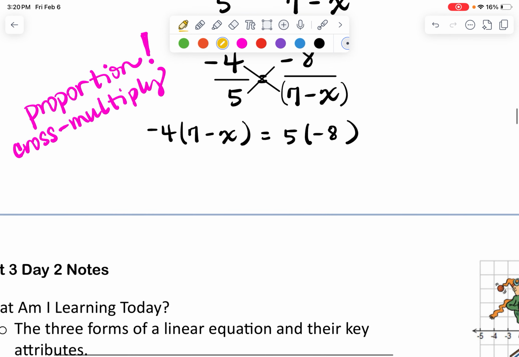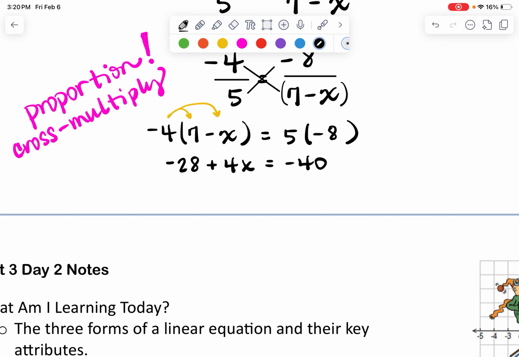Right, so we clearly need to distribute the negative 4. So it's going to give me negative 28 plus 4x, and then 5 times negative 8 is going to give me negative 40. Well, this is just a basic two-step algebra equation where we're solving for x, right? So we need to obviously get that negative 28 over here to this side. So that's going to give us 4x equals negative 12.